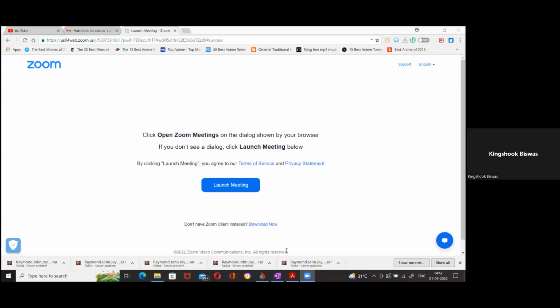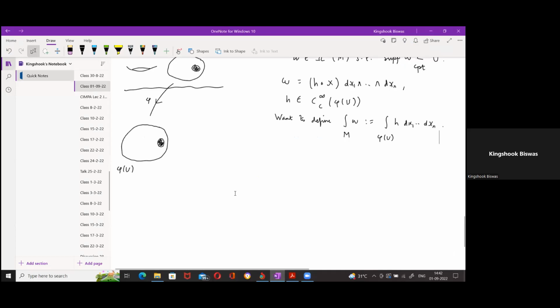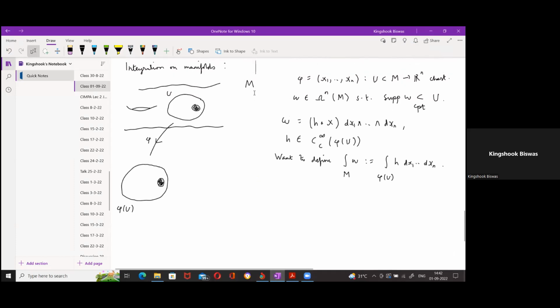So we have this situation. We have a form omega whose support is contained inside a chart U. And with respect to the chart x, omega becomes some function h of x times dx1 wedge dxn, where h is a smooth function with compact support in phi of U, right?